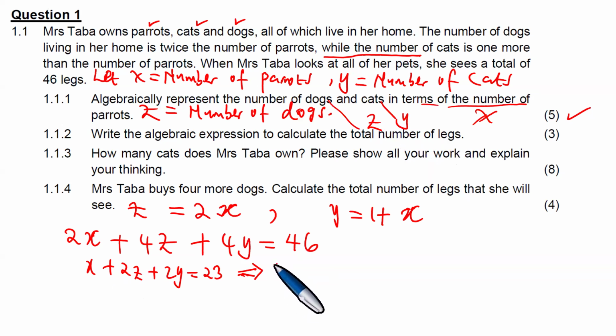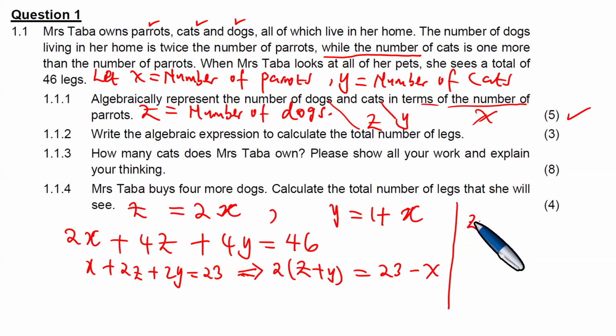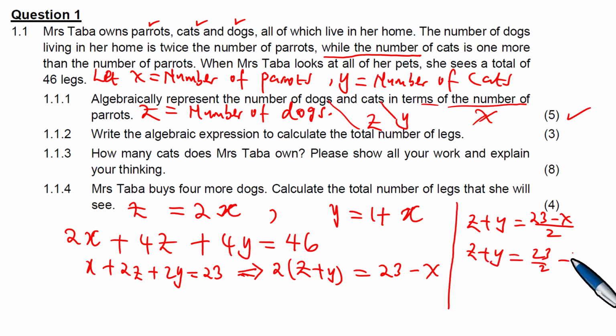It doesn't really matter what we do. So we can write 2, and here we have Z plus Y equals 23 minus X. At this point, we have Z plus Y; we divide by 2, which means it is 23 minus X, all over 2. This means we have represented the number of dogs, Z, and the cats, Y, in terms of X. So you can write it like that, or you can write Z plus Y is 23 over 2 minus X over 2.